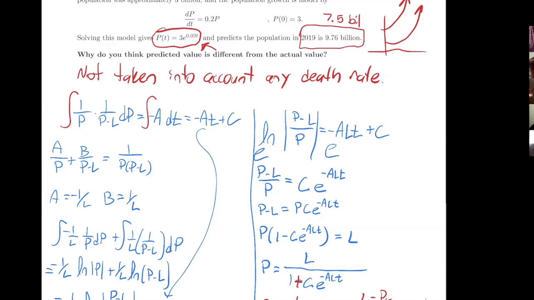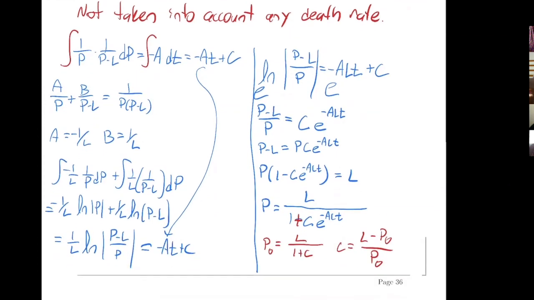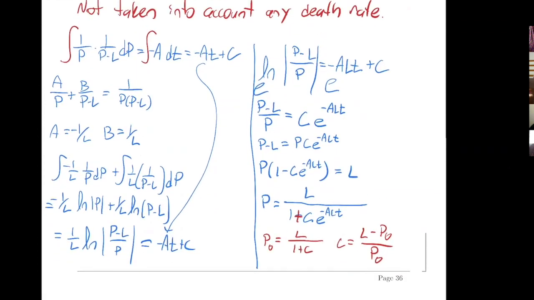I'd like to try and solve some equations, but I do want to just show you briefly where this shortcut comes from. If you wanted to break this up using partial fraction decomposition, you could solve for A and B so that when you add these together, you get 1 in the numerator. And that means that this integral that we started with, we can write as A times 1 over p plus B times 1 over p minus L.